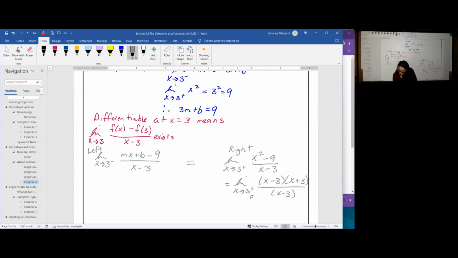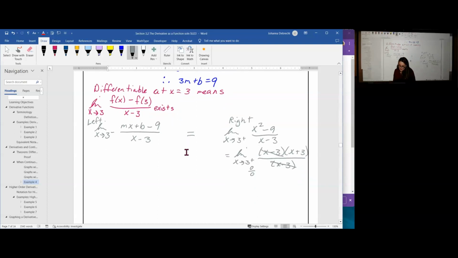It does give us that 0 over 0 indeterminate form until we cancel the common factor. Then when I substitute, I get that the limit here must be equal to 3 plus 3, which is equal to 6. Oh, well, if that has to equal 6, then this one also has to equal 6.